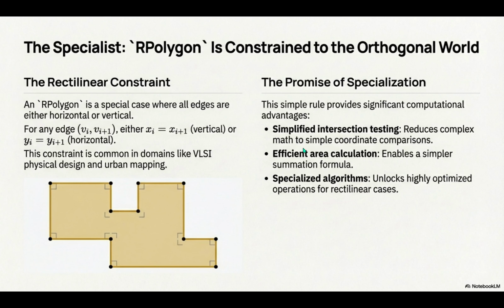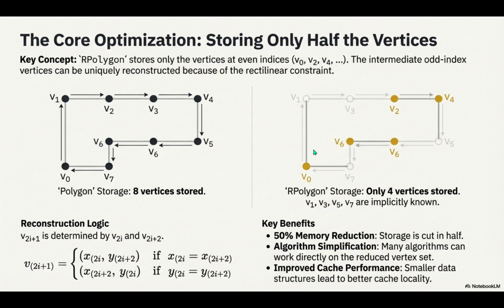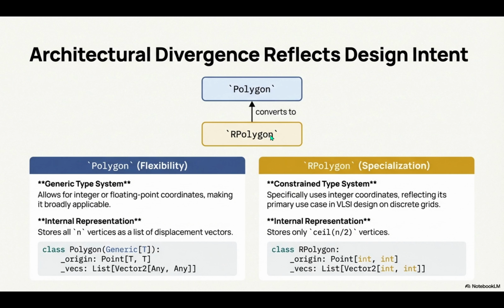For a chip manufacturer or a city planner, floating point numbers, decimals, they introduce precision problems. You don't want your circuit block to be at x equals 100.000000001 because the manufacturing tool operates on a discrete measurable grid. By constraining to integers, the polygon guarantees that coordinates snap perfectly to that grid.